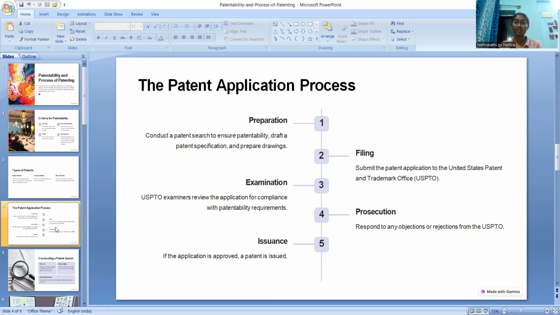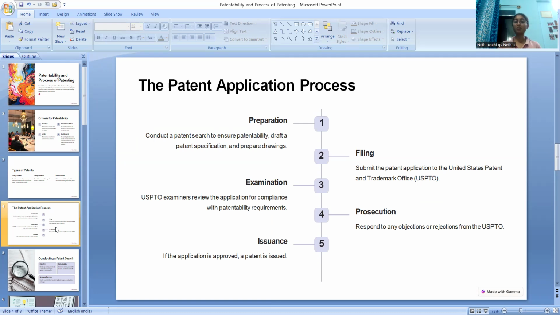In this, the examiners at the United States Patent and Trademark Office review the application for compliance with the patentability requirements. It checks and reviews whether the application is acceptable or not. Next comes the prosecution. Respond to any objections or rejections from the USPTO.